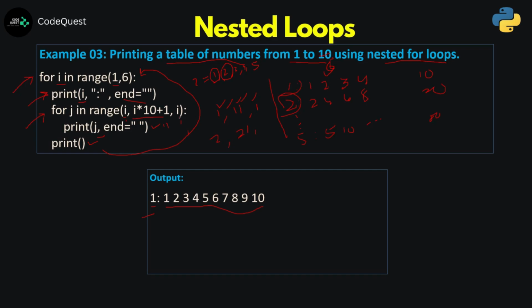And what is the step value? i is nothing but 2. So just imagine range 2 comma 21 comma 2, it is going to produce 2 up to what? Up to 20. Each time the step value is 2. I mean 2, 4, 6, 8, 10, like that up to 20 we are going to get.